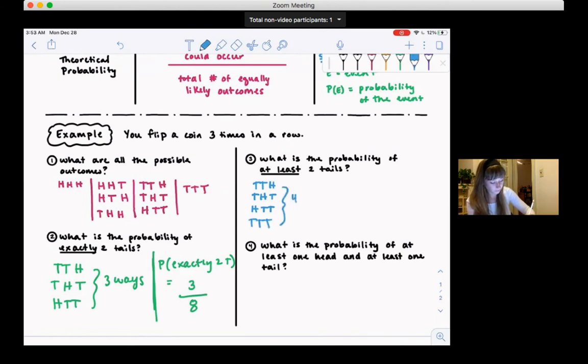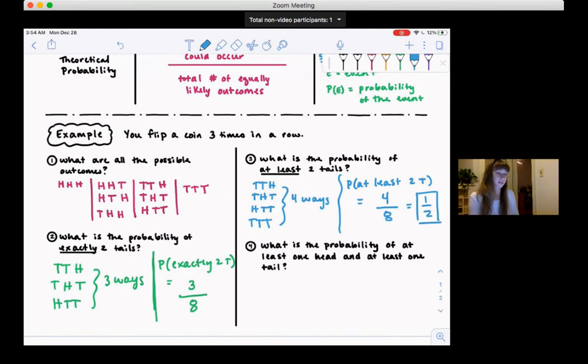So this can happen 4 ways. So our probability of at least 2 tails is the number of ways it can happen, which is 4, out of the total number of outcomes, which is 8. So 4 out of 8, and that simplifies to 1/2. This is saying half the time you're going to get at least 2 tails. It's as likely as not. Or half of the possibilities involve at least 2 tails.